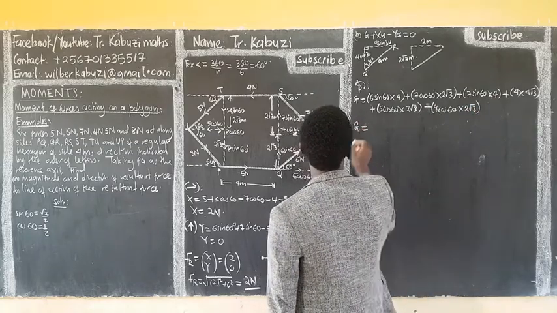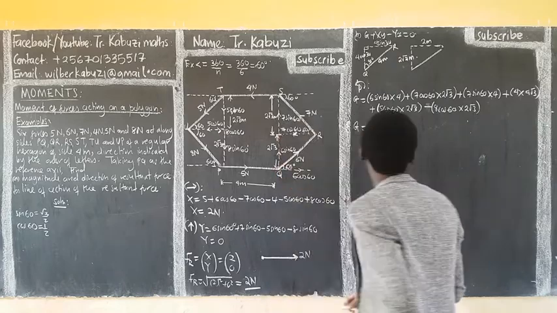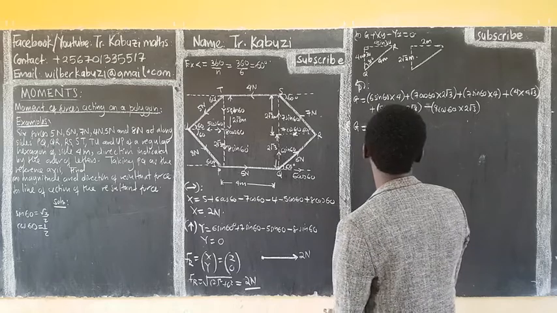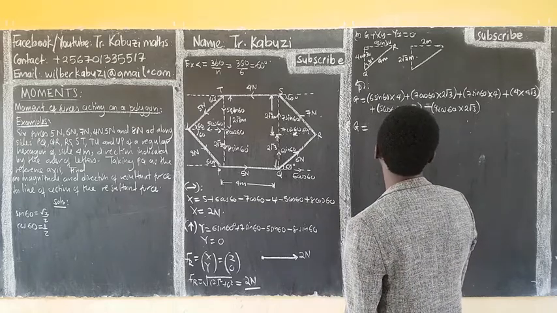So here our G is going to be, okay, let me write it at once so that we can simplify our lines.